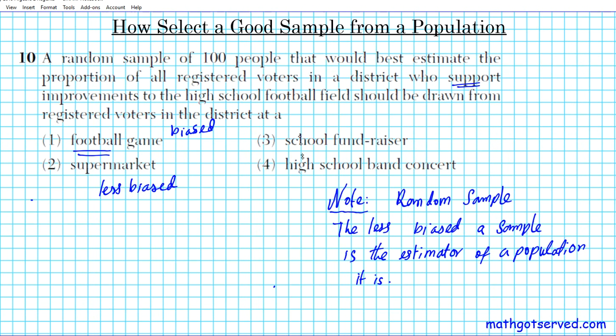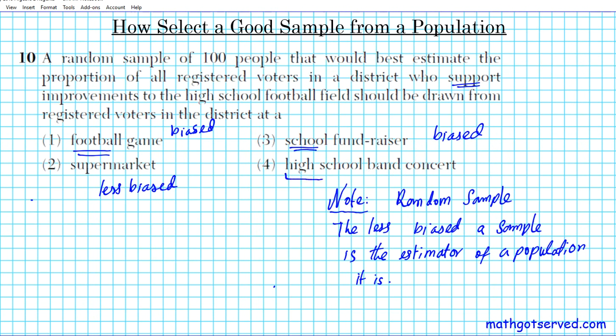Let's take a look at the other ones. School fundraiser. This is biased because we're taking a look at people that are in school. People at a school fundraiser have a bias in favor of what you're already trying to do, so they're definitely going to be in support. And lastly, high school band concert. What do you think about this? Does it look biased to you?